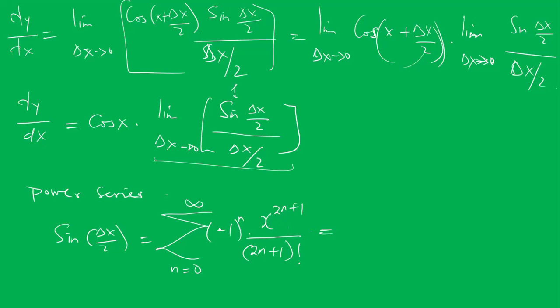Since it's delta x over 2, here it will be delta x all over 2 to the power 2n plus 1.